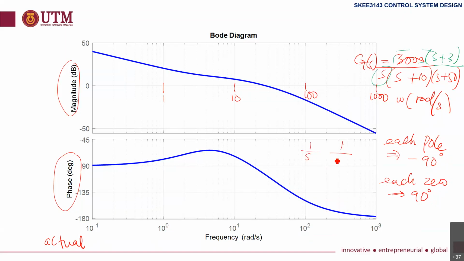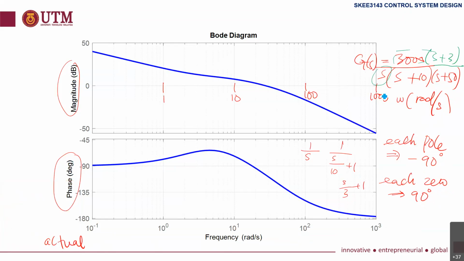If we have 1 over s plus 10, that is 1 over s over 10 plus 1, we will have at the end minus 90 degrees, although it starts from 0. If we have s plus 3, a zero like this, it will be 90 degrees.